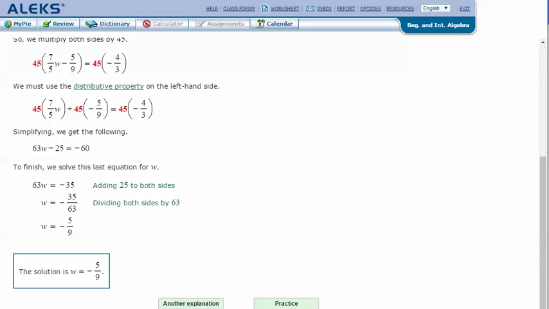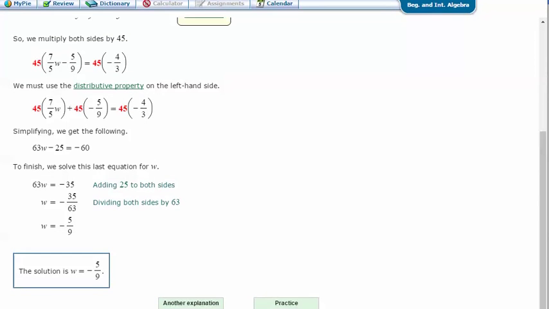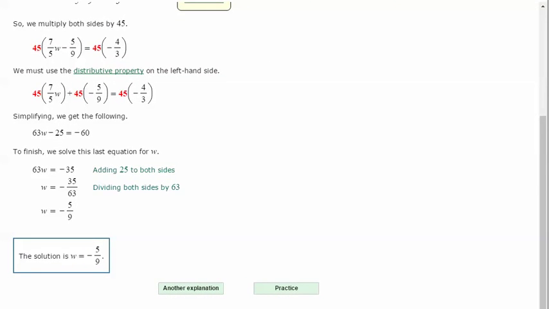Then we get whole numbers, like I said, that are easier to work with. So 63W minus 25 equals negative 60.